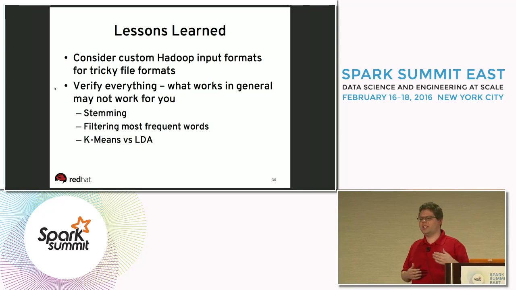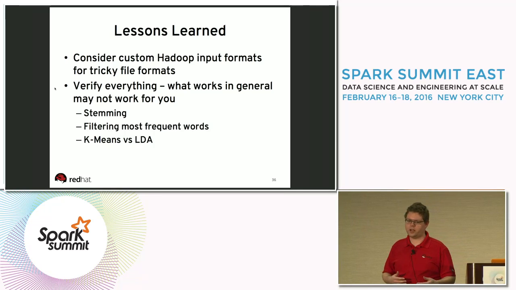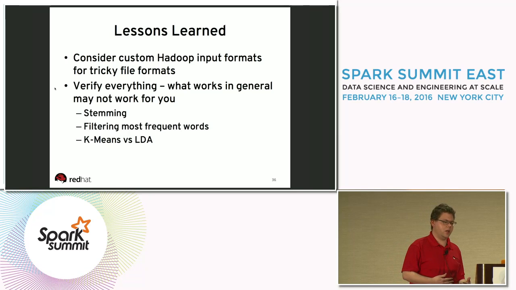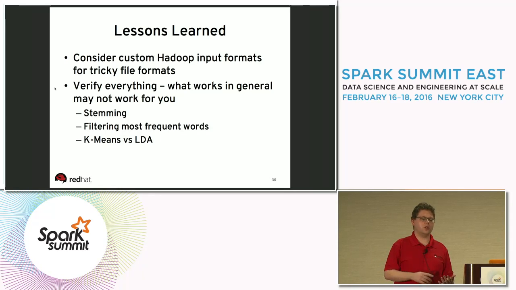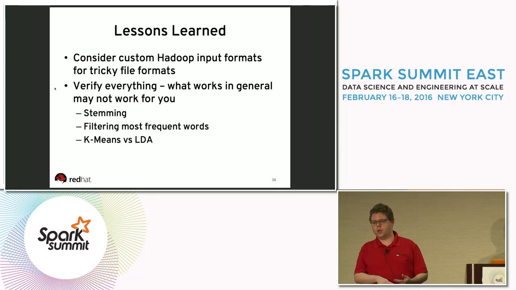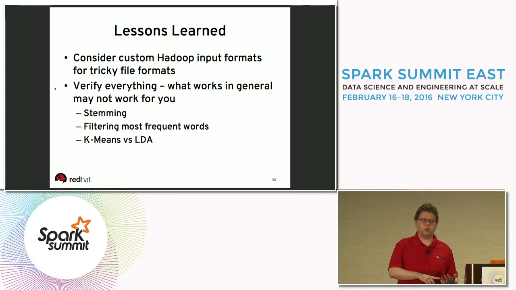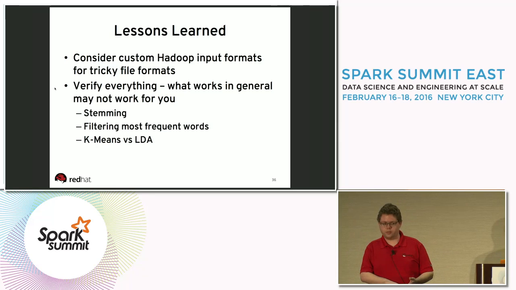I also mentioned using k-means to cluster the documents. If you look at most tutorials on topic modeling, they discuss latent Dirichlet allocation, or LDA. Remember that our requirements for the topics were that they were composable, distinct, and easily interpretable. When we used LDA, we actually found that it produced topics that weren't composable, weren't very distinct, and weren't easily interpreted.